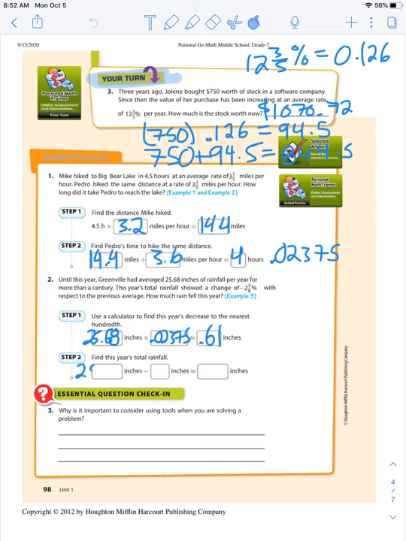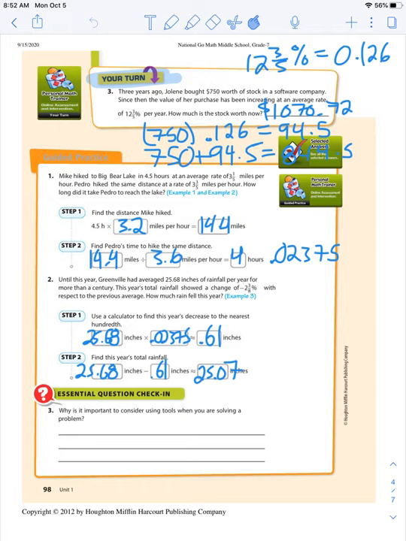So again, the average was 25.68. Since we know what the percent decrease was in inches, now we're going to subtract those inches. And this year's average was 25.07 inches of rainfall.